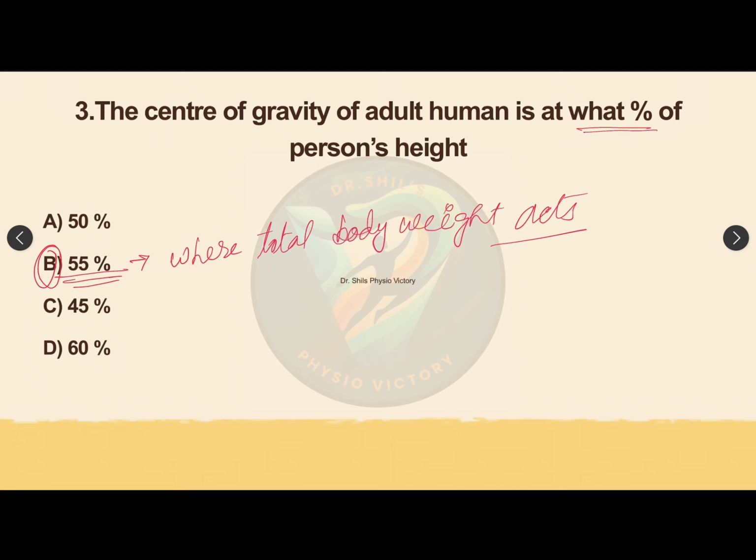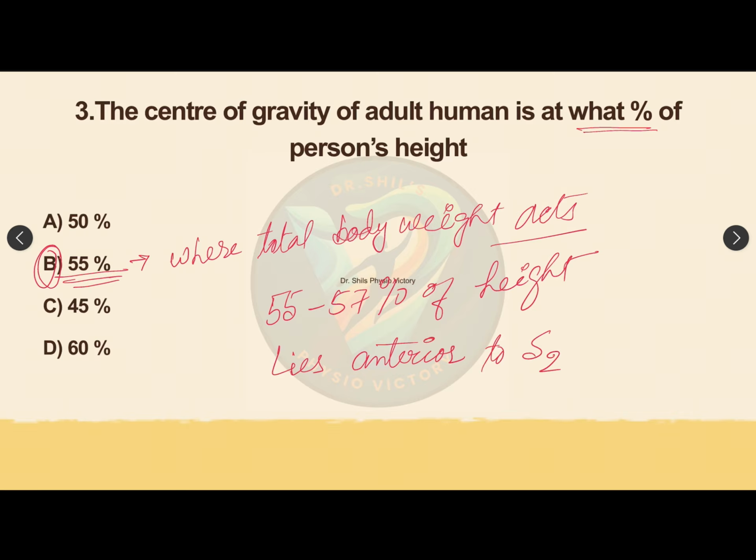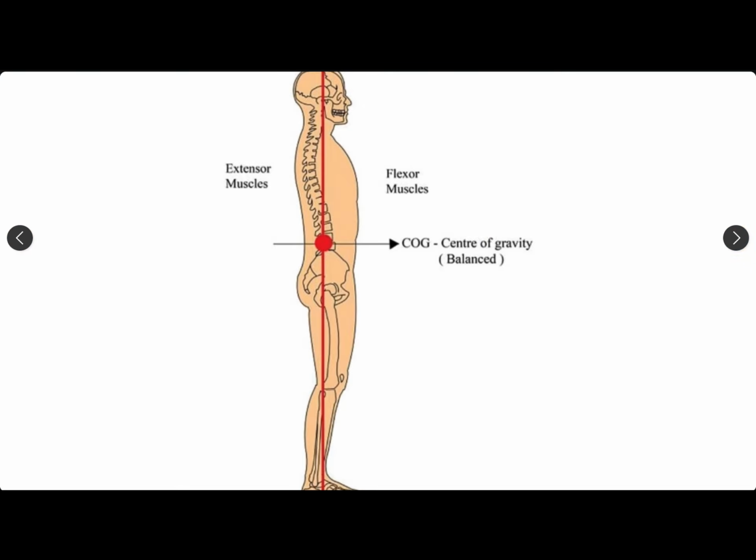So in an adult standing position, it is near about 55 to 57% of height, and lies anterior to S2 vertebrae. Next question. So this is the COG.